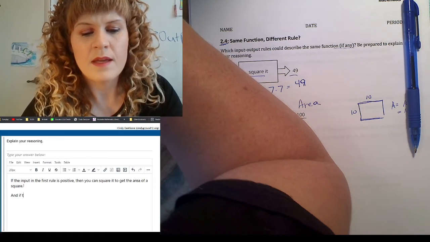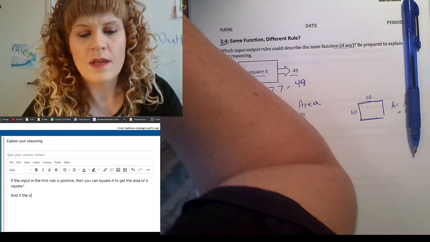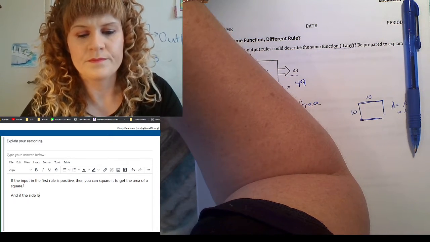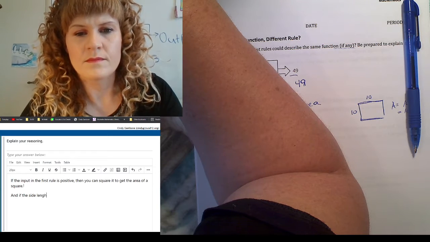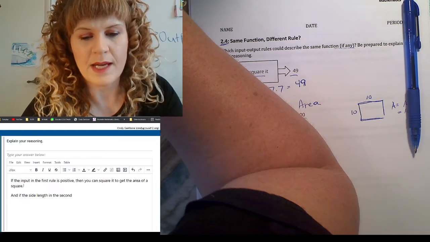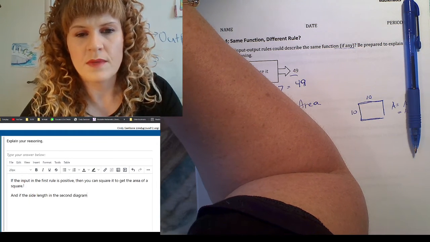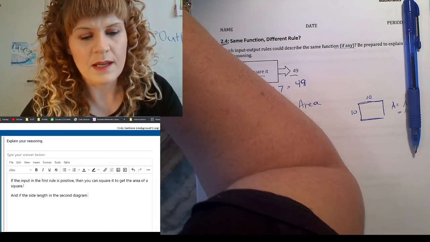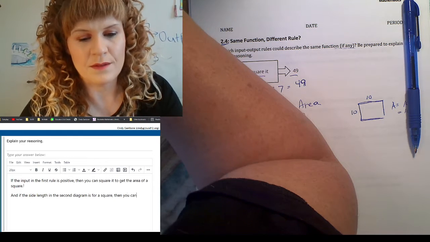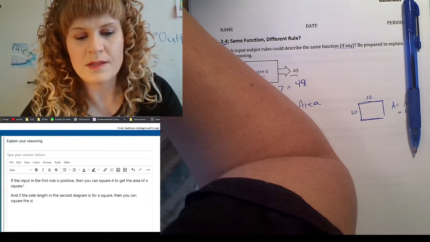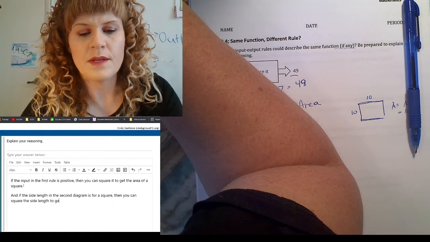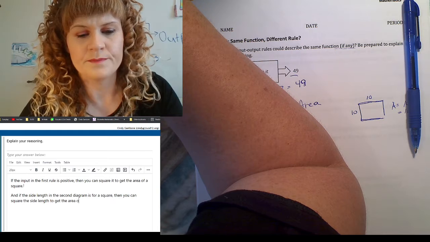And if the side length in the second input-output diagram is for a square, then you can square the side length to get the area of a square.